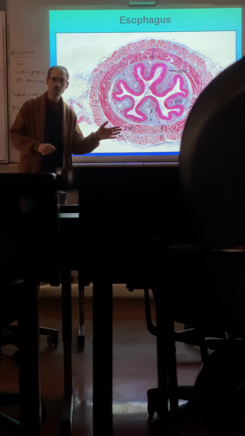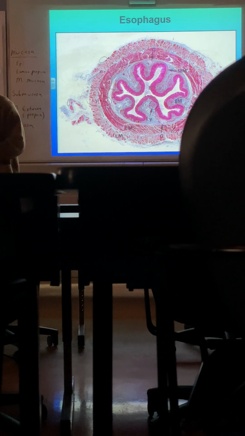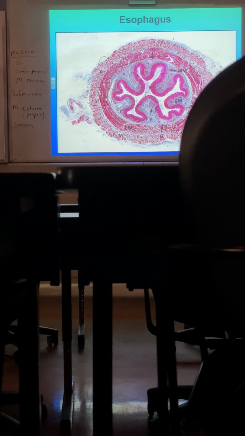That's important. Skeletal muscle is under somatic control, and therefore, you can initiate a swallow voluntarily. Once it starts, the propagation of the swallow, consisting of a peristaltic wave, continues to propagate autonomically under the control of the smooth muscle and the autonomic nervous system.